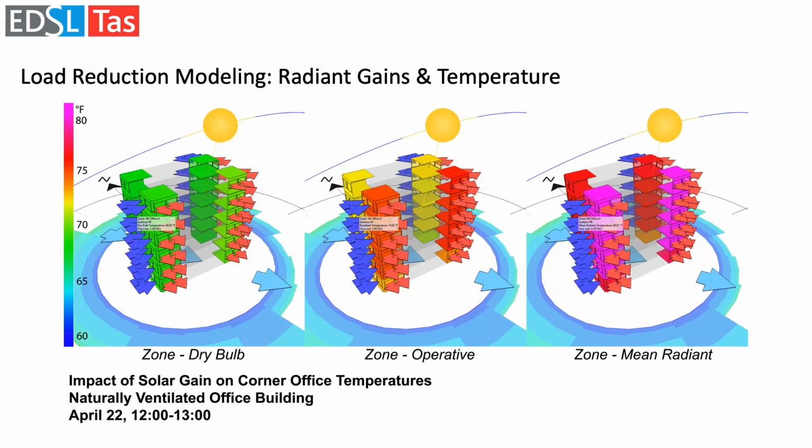However, including the solar gain and the effect of mean radiant temperature on the overall zone temperatures, you can see from the right-hand side the mean radiant temperature calculating the operative temperature in the middle, which is basically what the occupants are more likely to feel. And that highlights a need for potential shading on the south facade. So this is just to show that maybe natural ventilation schemes are working at one level of detail, but when we build a bit more, we find that if we're not considering shading for naturally ventilated spaces, we're still maybe producing uncomfortable spaces.